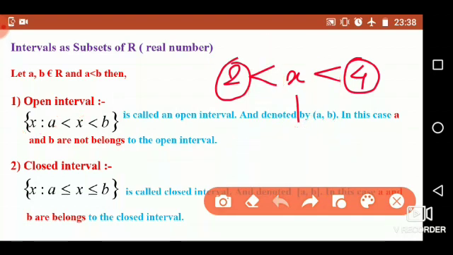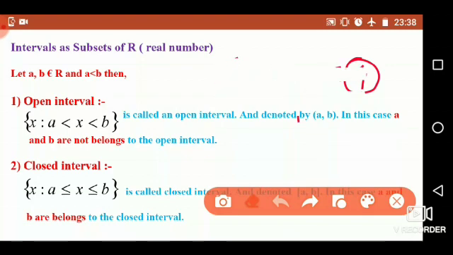Moving to the next type, we have another type, that is the closed interval. The set of all X such that A is less than or equal to X and X is less than or equal to B is called the closed interval, and it is represented in the square bracket.